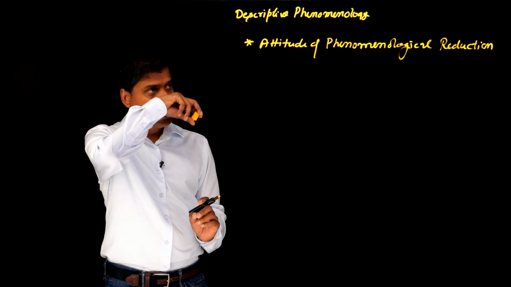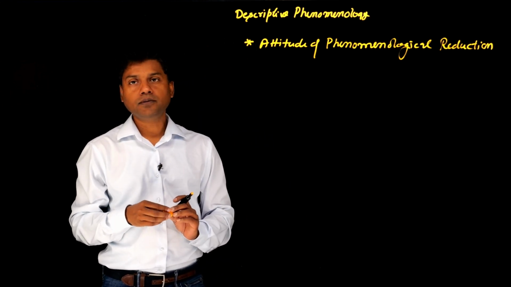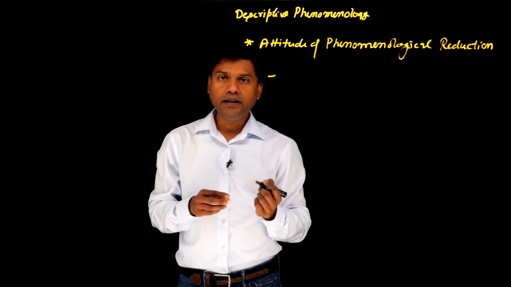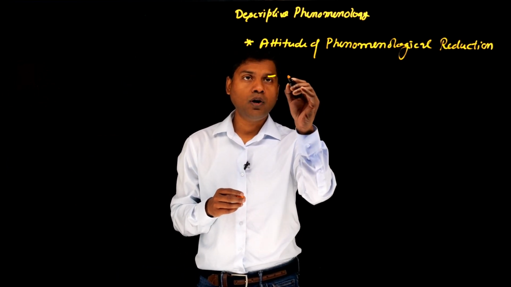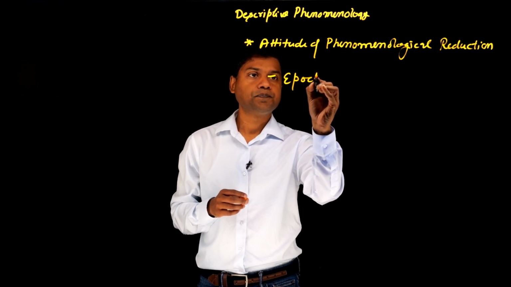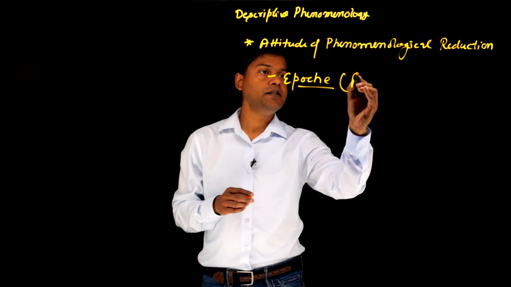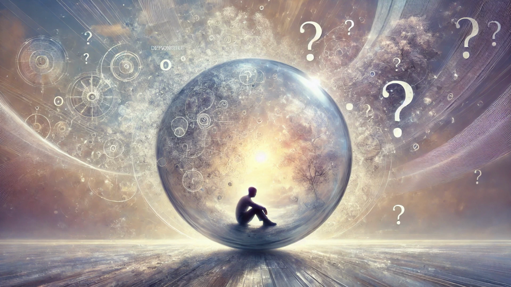So what is the attitude of phenomenological reduction? The first idea he propounded was epoch, which means bracketing or suspending one's biases, prior experience, views, everything.